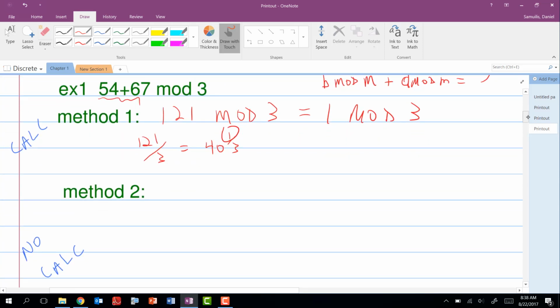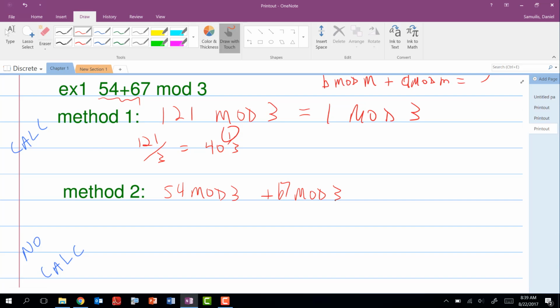So method 2 would say, okay, I have this question. I could go ahead and mod 3 each one of these, and then add the answers after.